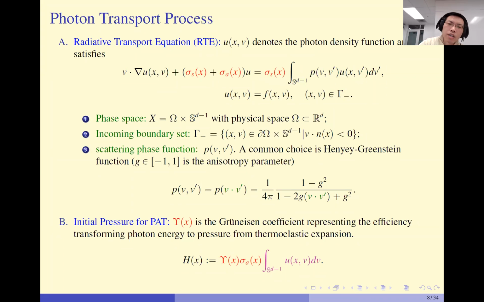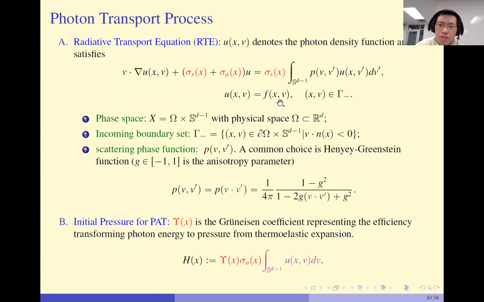And the coefficients sigma A and sigma S stand for the absorption coefficient and scattering coefficient. You can regard them as the probability that the photon particle gets scattered at the location X, and the probability that the photon particle gets absorbed at location X.